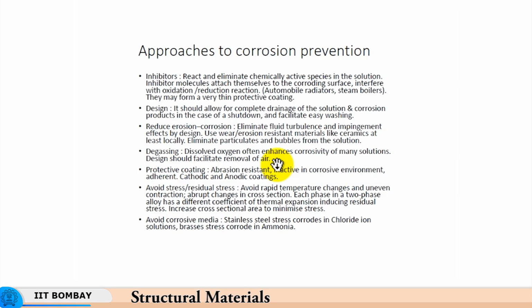anodic reaction. So, basically inhibitors are the ones which chemically react with the active species and fix it, meaning that they do not let the aggressive chemicals react with the substrate or the metallic material, or they can inhibit one of the reactions, either reduction or oxidation, so that the rate of corrosion is minimized or becomes 0.